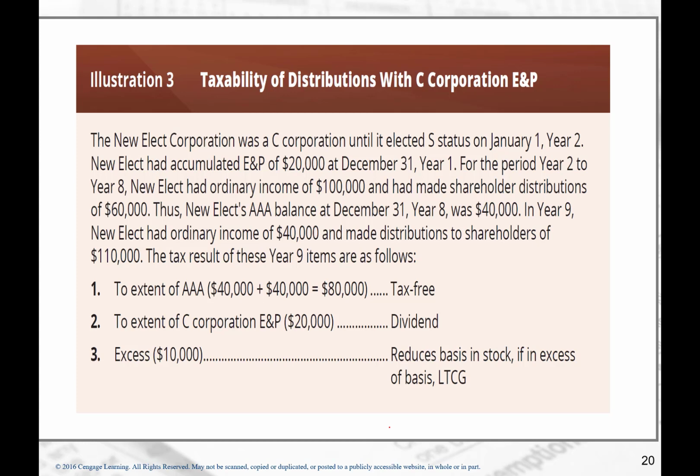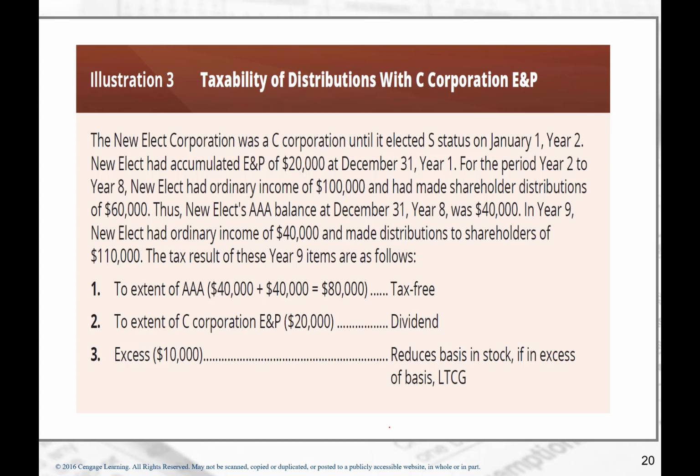So let's just look at this first one. The New Elect Corporation was a C corporation until it elected S status on January 1st, year 2. New Elect accumulated earnings and profits of $20,000 at December 31st, year 1. So we have accumulated E&P, right?